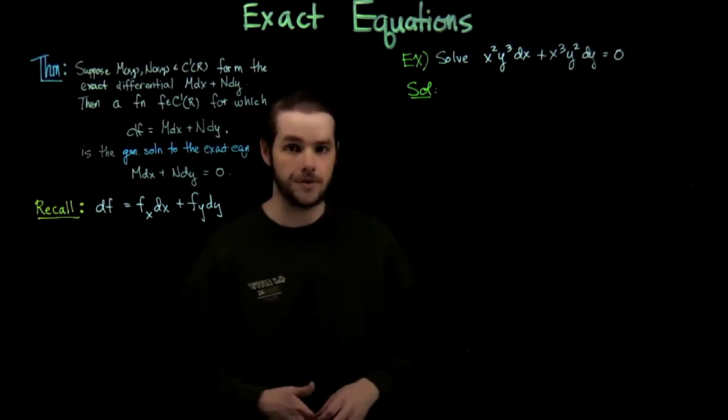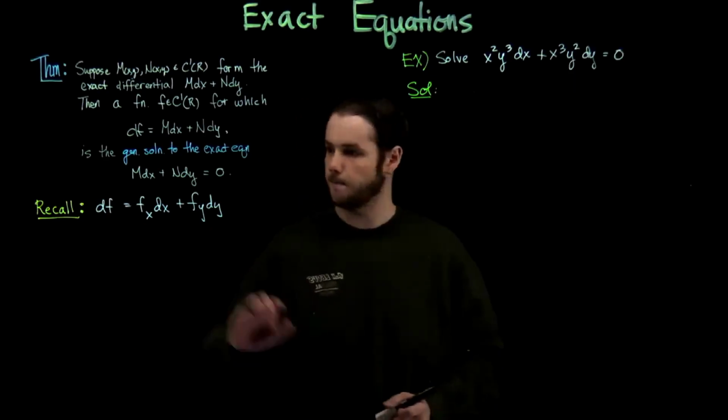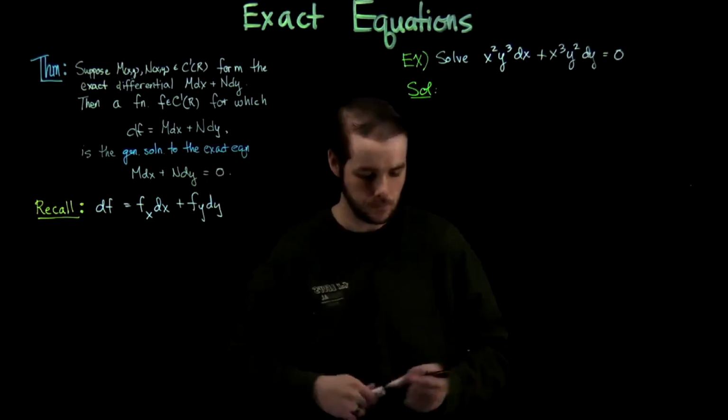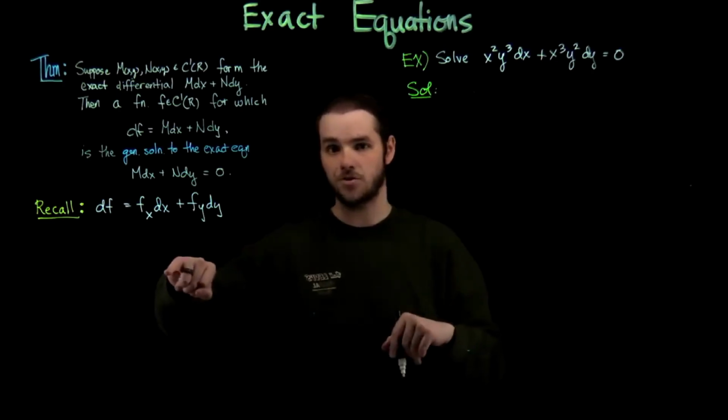Now, we already showed that this is an exact equation, so what we're about to do works. But what I want to look at here is, what does this imply? Really, what I'm doing in this problem is taking the total differential in reverse.